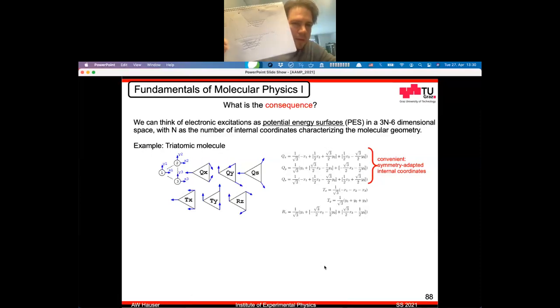Okay? And now I give you an example of a state where we have a problem. Can you anticipate a position of an excited electronic state that might be an issue here? What can happen? Look at the distance of the electronic states.